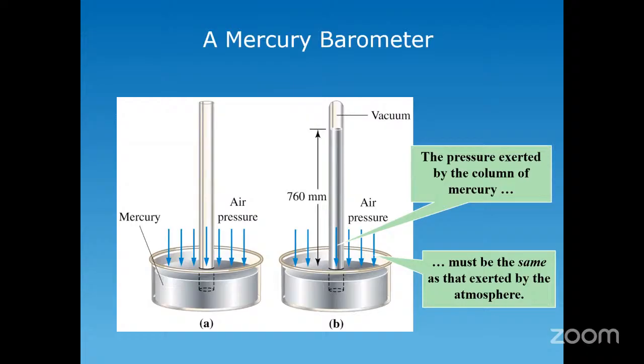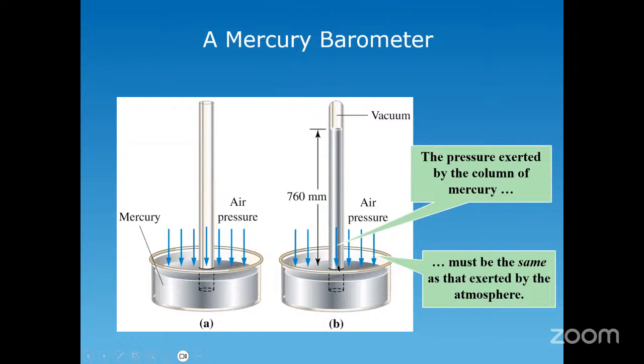If the tube is long enough, the mercury level will fall to about 760 millimeters. Basically, whatever the atmospheric pressure is acting on the surface of the mercury on the outside of the tube, that will be the same pressure exerted by this column of mercury at the same level inside the tube.